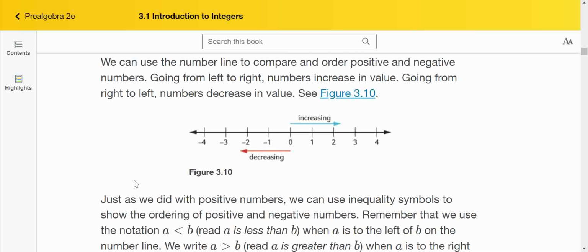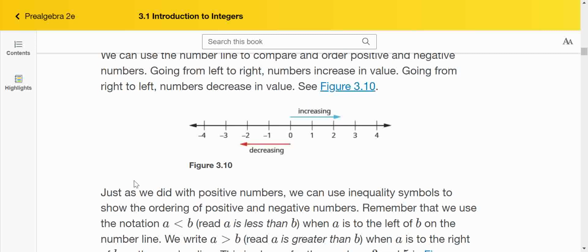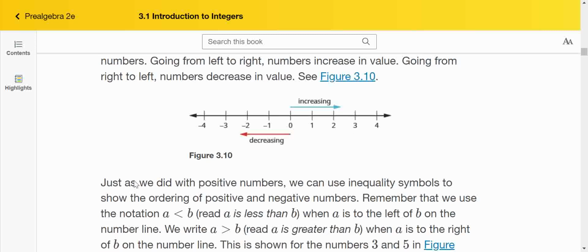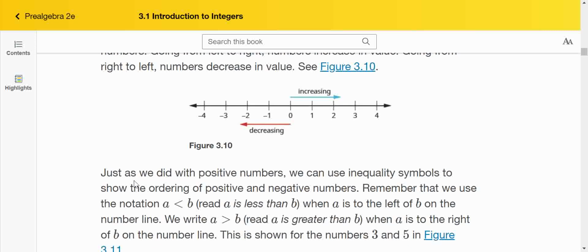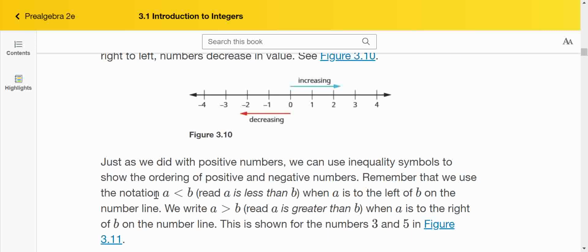Just as we did with positive numbers, we can use inequality symbols to show the ordering of positive and negative numbers. Remember that we use the notation A is less than B when A is to the left of B on the number line.